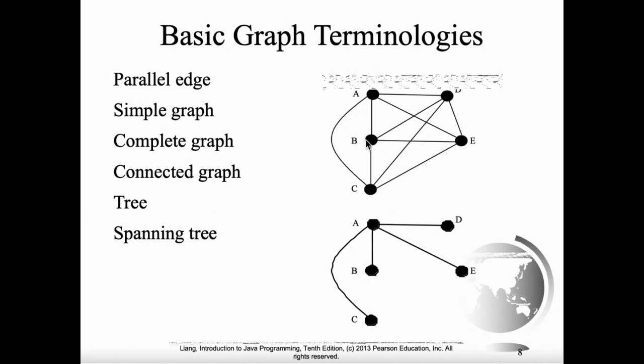But we still keep the graph as connected as possible, so we keep the minimum edges possible to reach each node, and we get rid of the rest. That's creating a spanning tree. One graph can have multiple different spanning trees, and we have algorithms to do that. We'll see some of them today as well. That's going to help us traverse a graph and create a tree out of that graph.